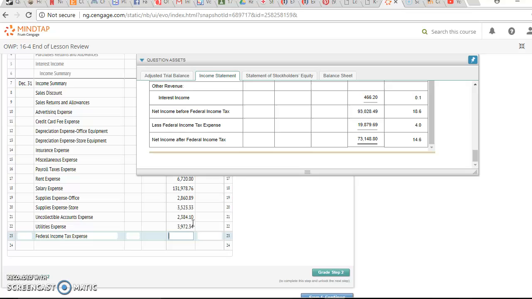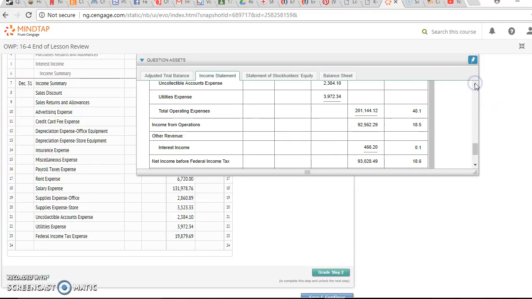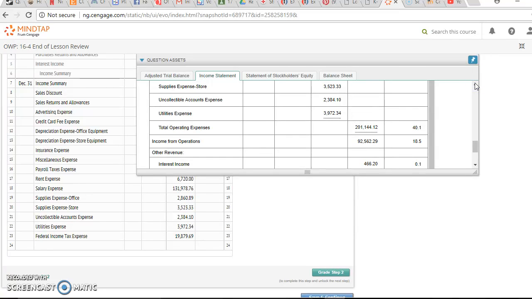Okay, so that was a lot of expenses and things. Federal income tax expense, don't forget that one. It's $19,879.69. Now, remember, the reason that you're doing this is because you want to get all these accounts ready for the next fiscal period.